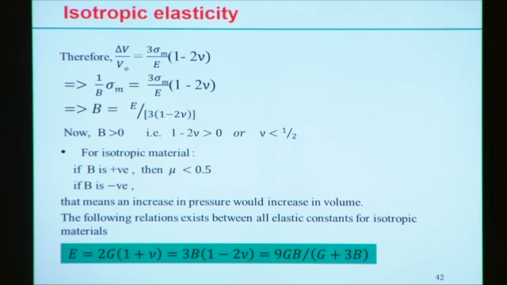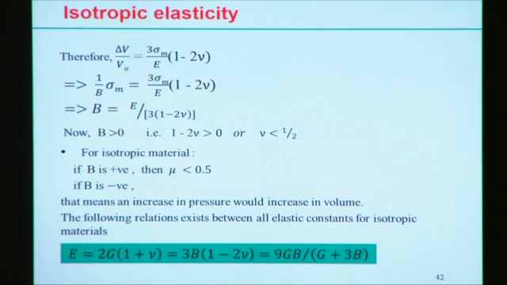But we have already mentioned that practical values of the bulk modulus are positive for most materials. Here nu is the Poisson's ratio, whose limit is 0.5 in the case of solid materials, but practically for all materials it lies between around 0.24 and 0.3.